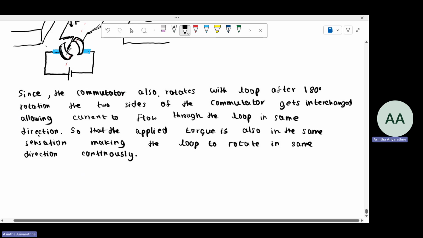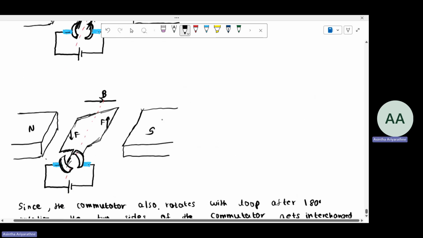Continuously rotating in the same direction. So that's how the DC motor works.